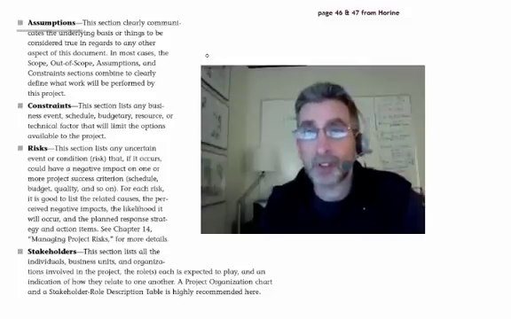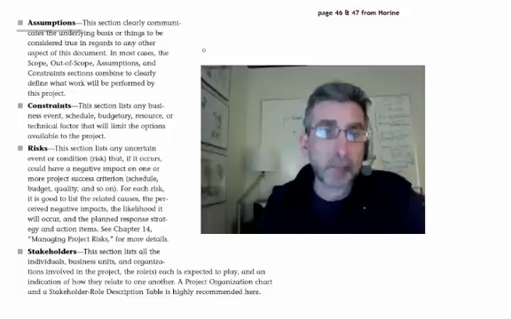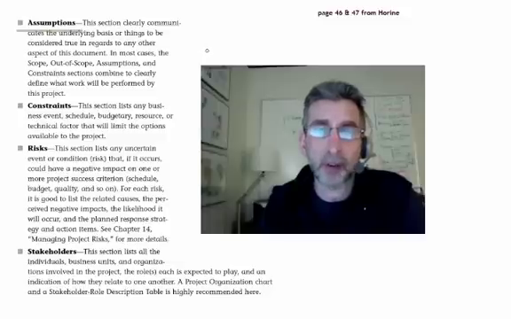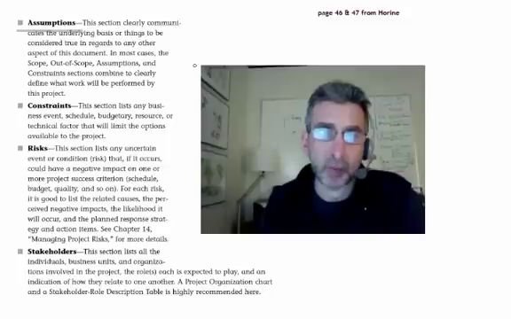One assumption is that if you're doing a website, the content is going to be text only and have to be converted. And it's anything you want the stakeholders to know about the project going into it that helps put it in the framework for what's going to happen.